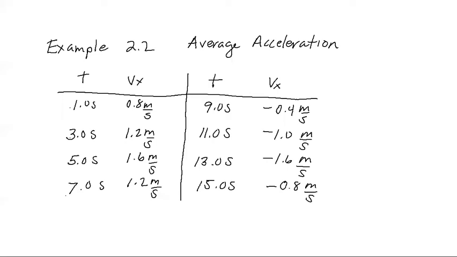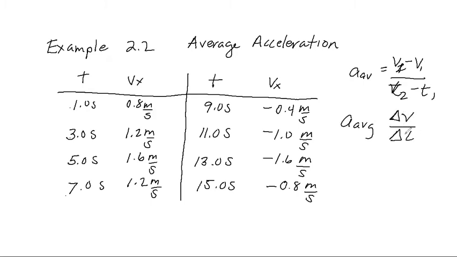All right, in order to solve for the average acceleration, we're going to take v2 minus v1 over t2 minus t1. So average acceleration is delta v over delta t, which would be the final velocity minus the initial velocity divided by the final time minus the initial time.